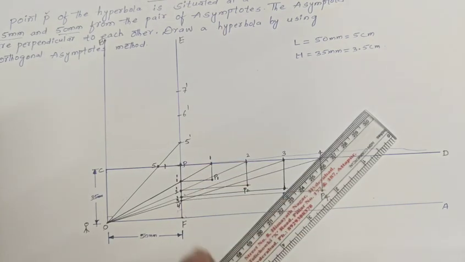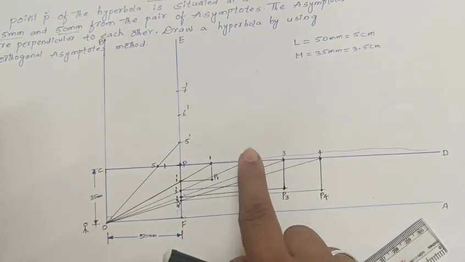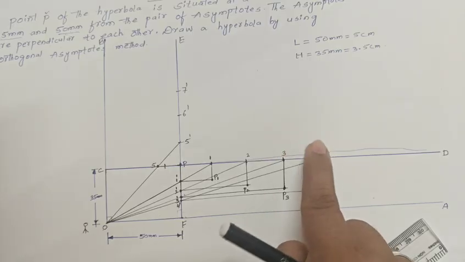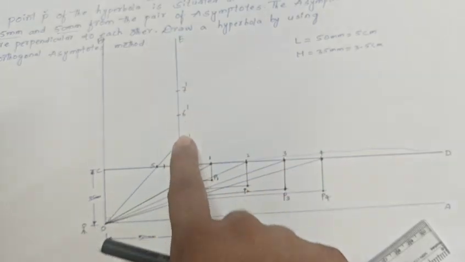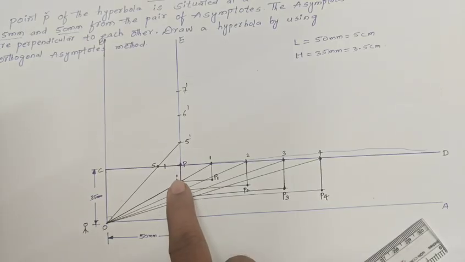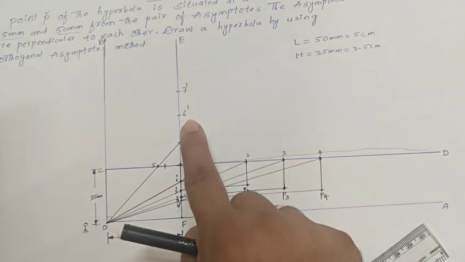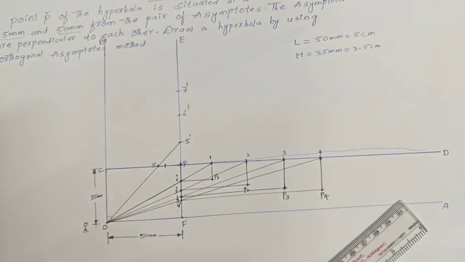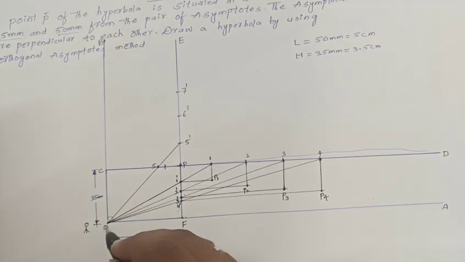Always remember, on the horizontal line, units are represented as 1, 2, 3, 4, 5, 6, 7. But on the vertical line, units are represented as 1 dash, 2 dash, 3 dash, 4 dash, 5 dash, 6 dash, 7 dash. Clear?